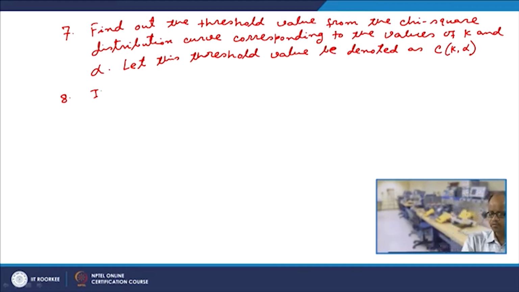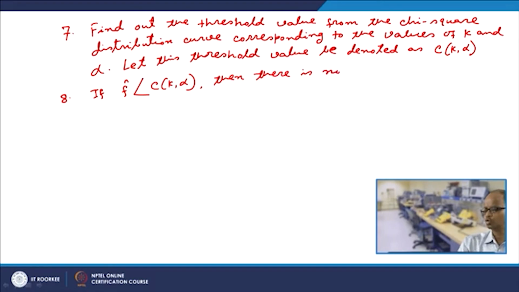If the value of f hat is less than C k alpha, then we say there is no bad data in the system.